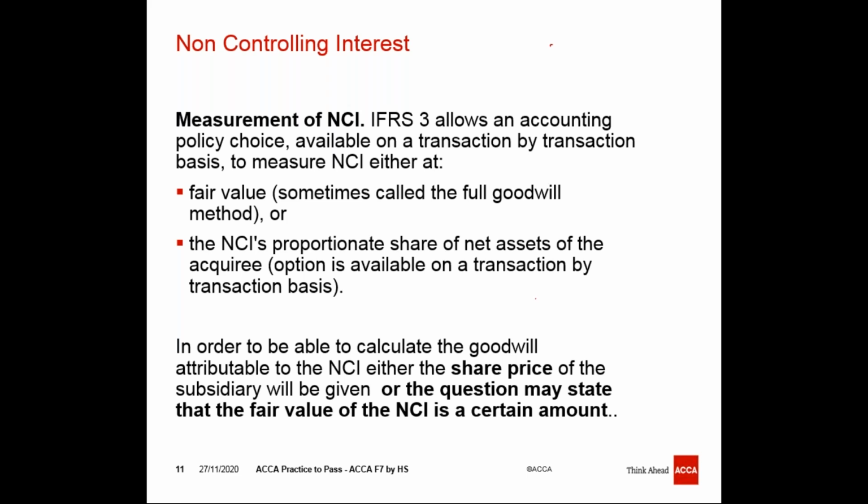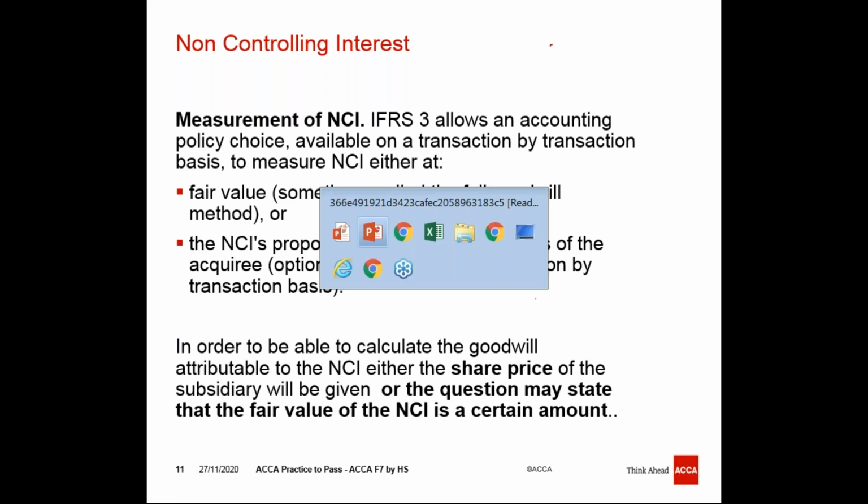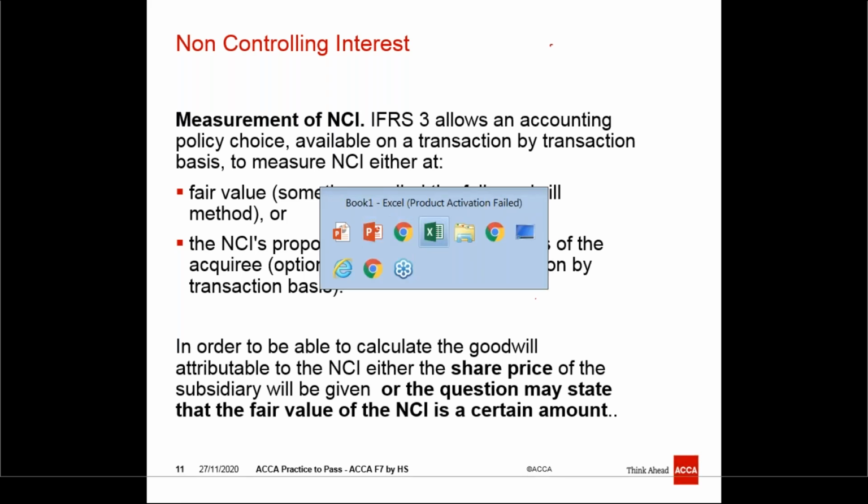But whenever you see questions in examination or the exam kit, you will always find the questions related to the fair value method. But I'm just giving you one example for the NCI measured at the fair value and NCI measured at the proportionate basis.